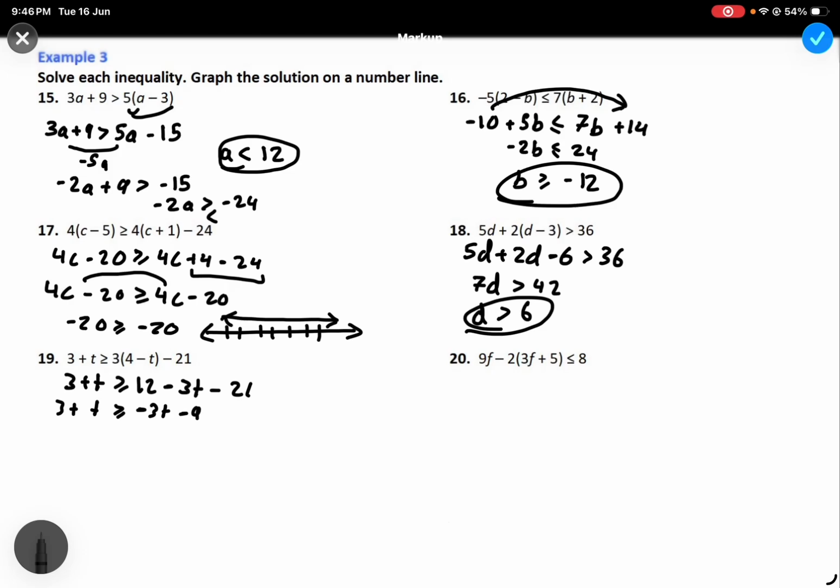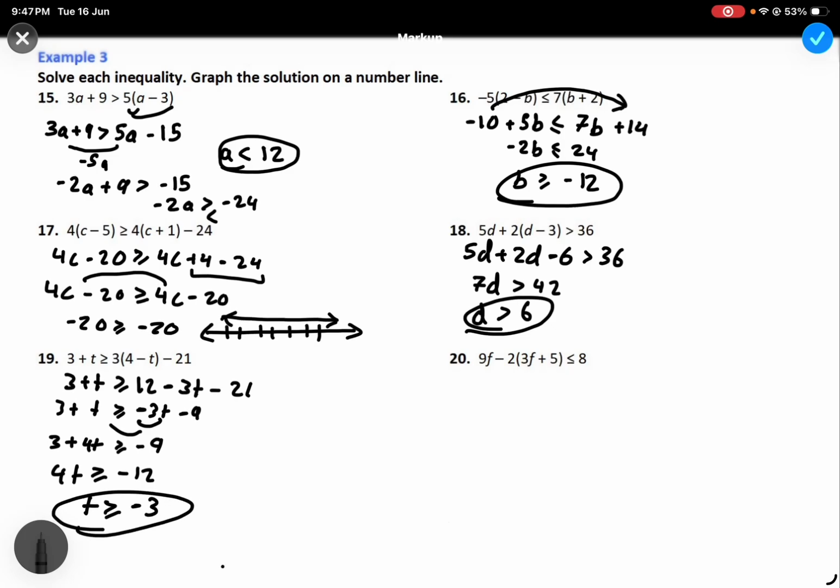If we take this to the other side, we do plus 3t. So we get 3 plus 4t is greater than or equal to negative 9. And then we take the 3 to the other side, we subtract. 4t is greater than or equal to negative 9 minus 3, which is minus 12. And then we divide both sides by 4, and we get t is greater than or equal to negative 3.